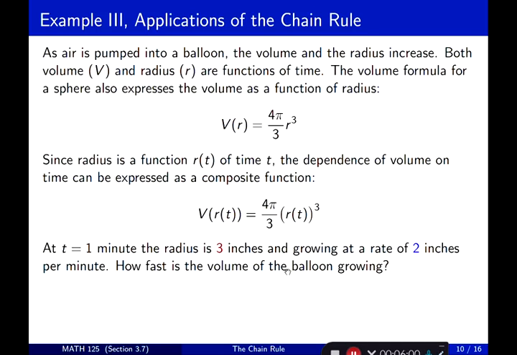So since we're relating dV/dt and dr/dt together, it looks like a chain rule to me. So how does the chain rule work in here?